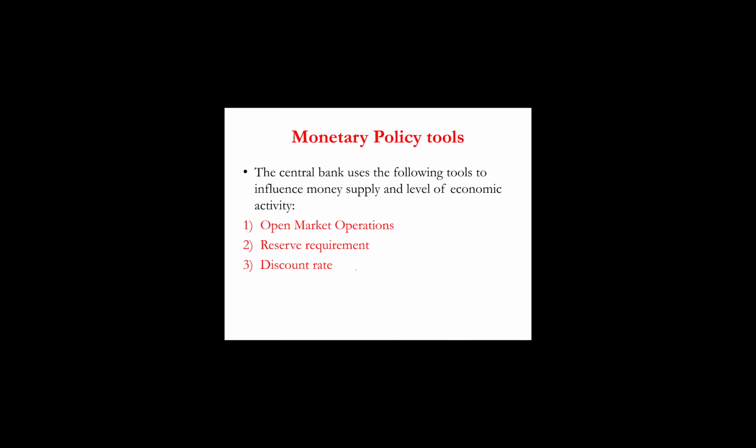When you have too much money in supply, listen carefully, all right? What does it mean? It's incumbent on the government through the central bank to reduce the supply of money. How do they reduce the supply of money?